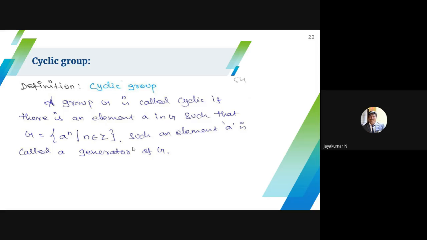All elements of that group are generated by a single element or more than one element. This is called a cyclic group.